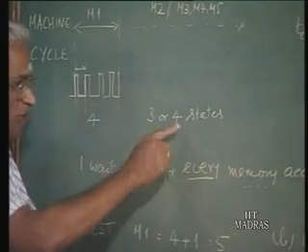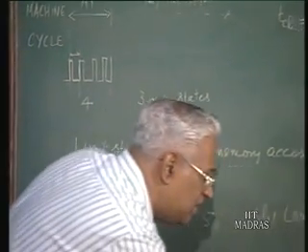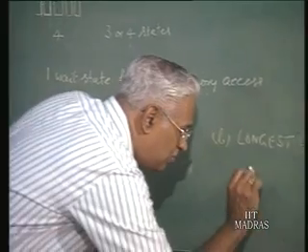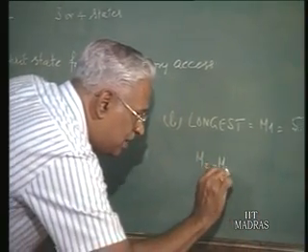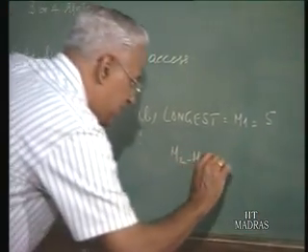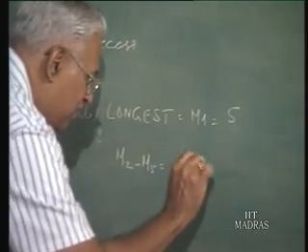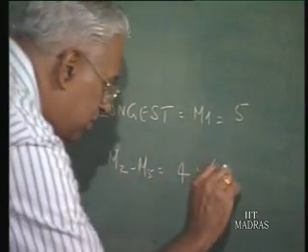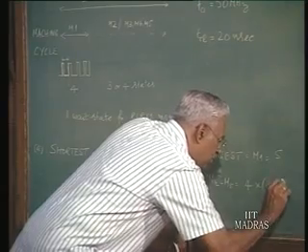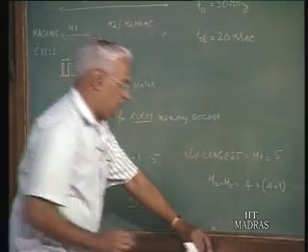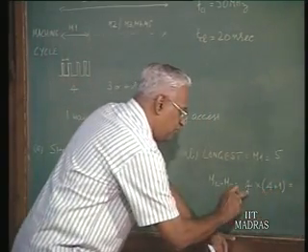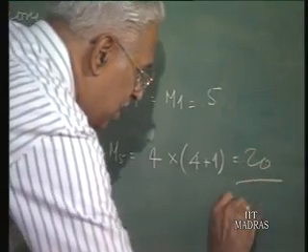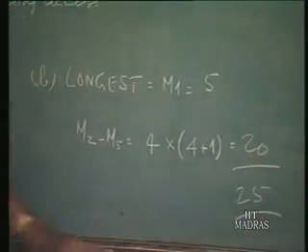So, 4 plus 1, 5 states, and for M2 to M5 we have 4 machine cycles, so 5 into 4 is 20. So, we have 25 states.